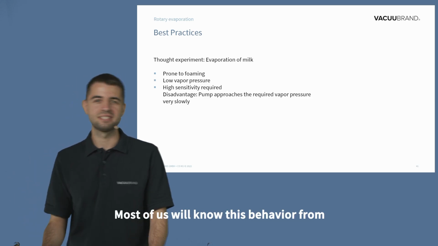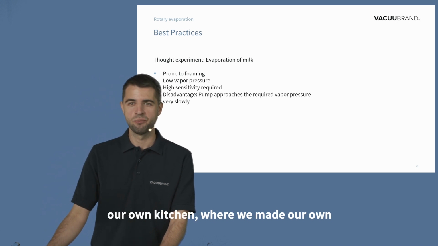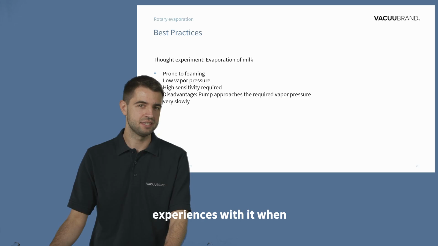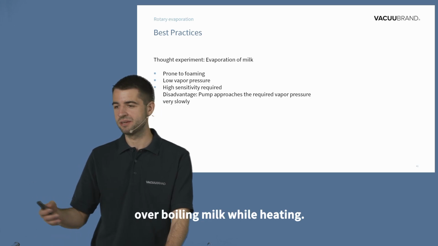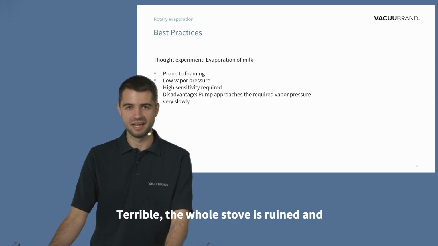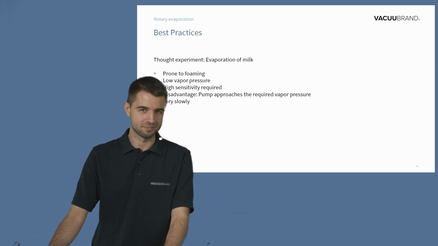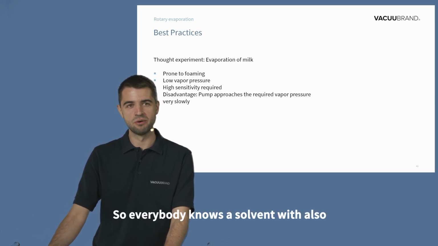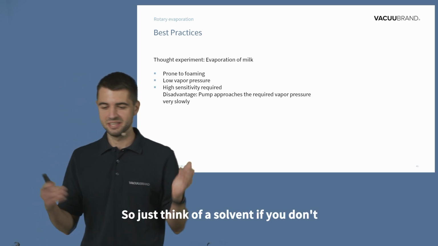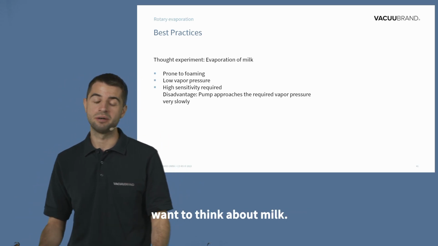Most of us will know this behavior from our own kitchen, where we made our own experiences with it when overboiling milk while heating. Terrible, the whole stove is ruined and the milk is also ruined. So everybody knows a solvent with these characteristics. So just think of a solvent if you don't want to think about milk.